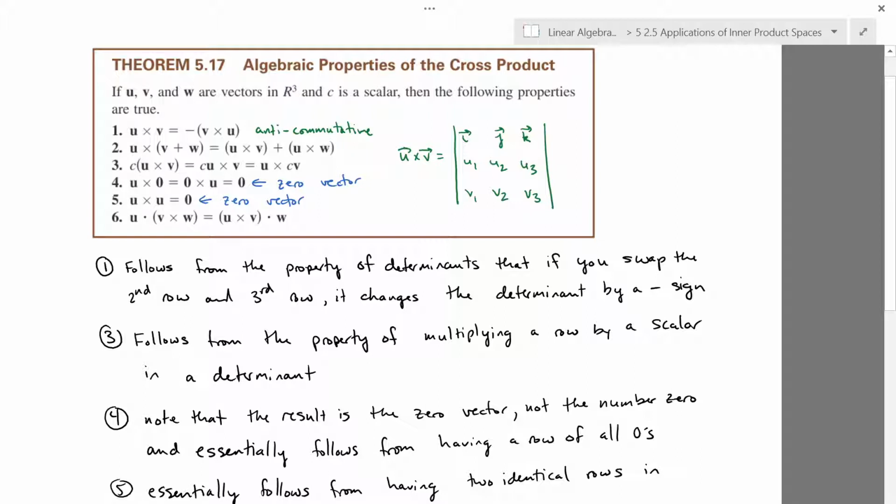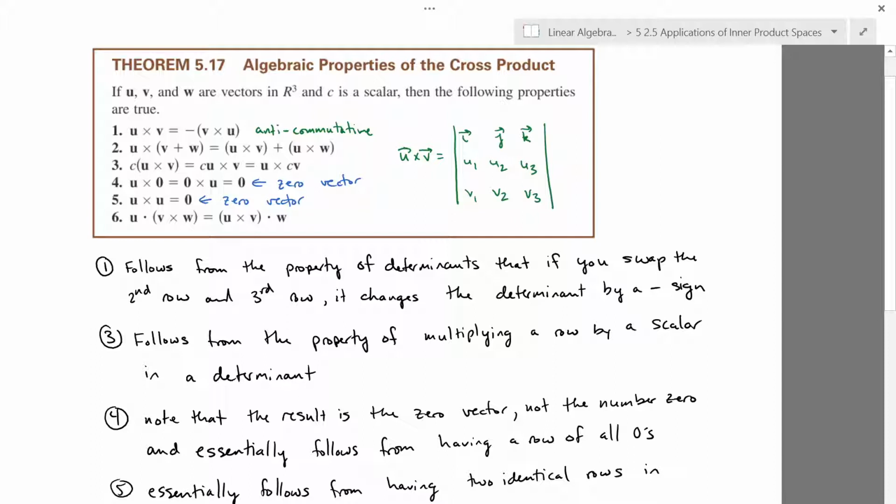And again, it follows essentially from, for property 4, if the last row is all zeros, then when you do the cofactor expansion, the 2 by 2 subdeterminants each have a row of all zeros, and so that means that each of the components for i, j, and k becomes 0, so you get the 0 vector.